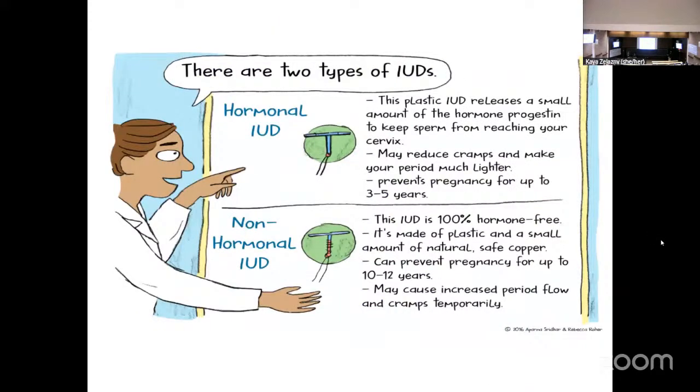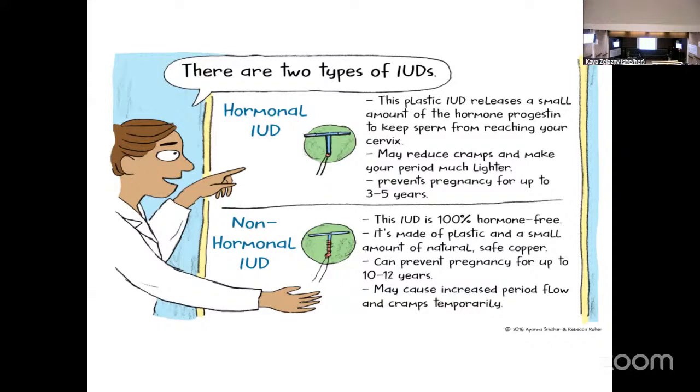Okay. So I'm going to talk a little bit about IUDs because they're becoming more popular, especially because of that recommendation from the College of Obstetricians and Gynecologists. So this is what most doctors use on themselves. But we've got 2 types. We've got a hormonal IUD that's going to be slowly releasing little bits of hormone, particularly progestin, over the course of the month.